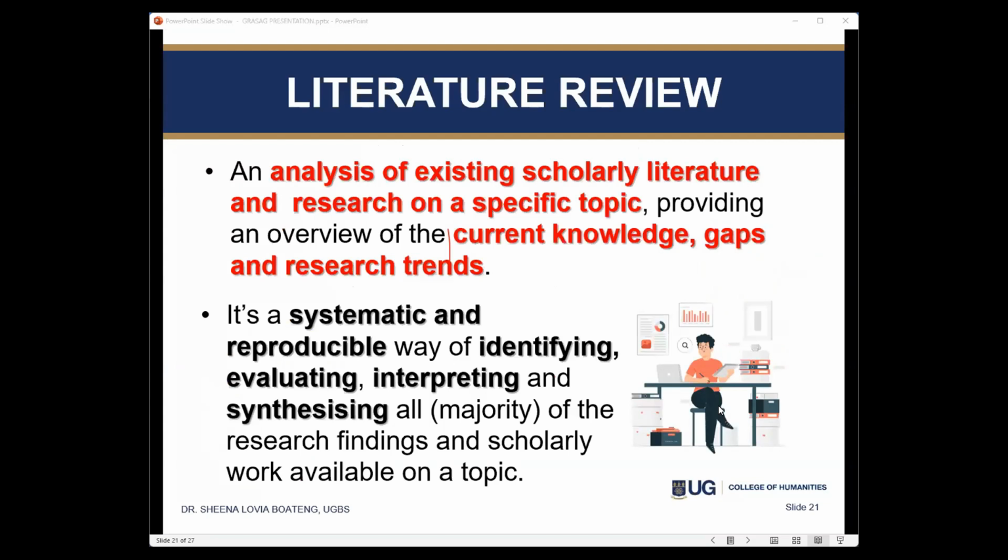And with that, we move into the discussion on literature review, where a literature review is basically analyzing existing scholarly literature and research on a specific topic. And you are analyzing this research simply to be able to know the current knowledge in that area or issue that you are focused on, and the gaps and research trends that have emerged in that area.